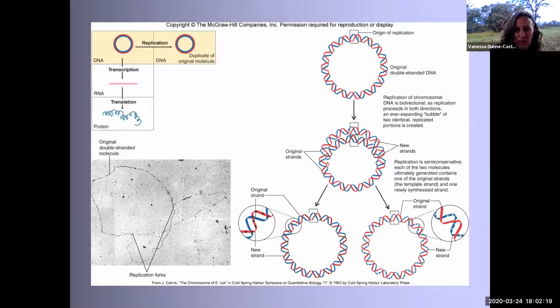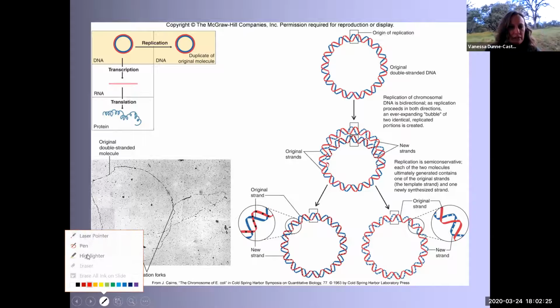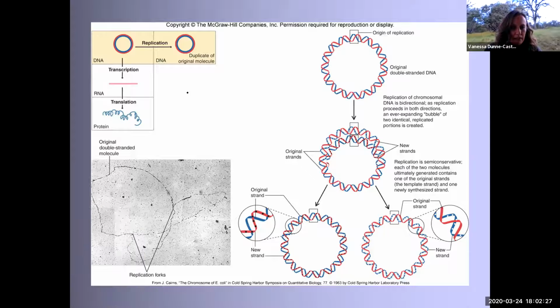And then semi-conservative references the fact that during a replication event, you'll have, let me draw this in 2 different colors. So during a replication event, let's say here is our original double-stranded DNA molecule. And we know we have different orientations, right?